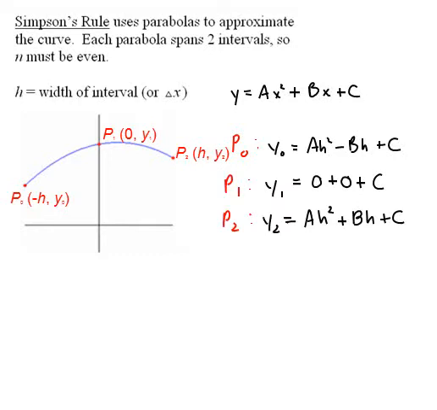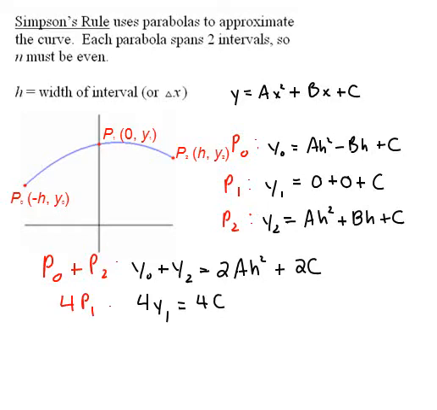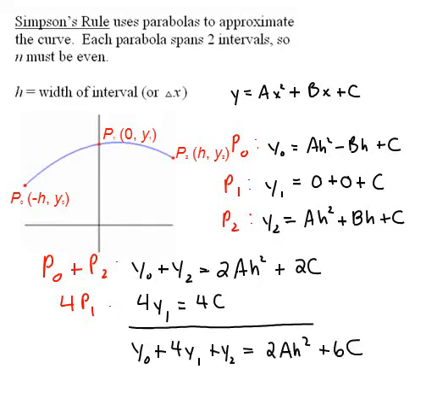Adding the equations that use the points p0 and p2 results in y0 plus y2 equals 2ah squared plus 2c. And multiplying the equation that used the point p1 by 4 gives me 4y1 equals 4c. If I add these two new equations together, I get y0 plus 4y1 plus y2 equals 2ah squared plus 6c.